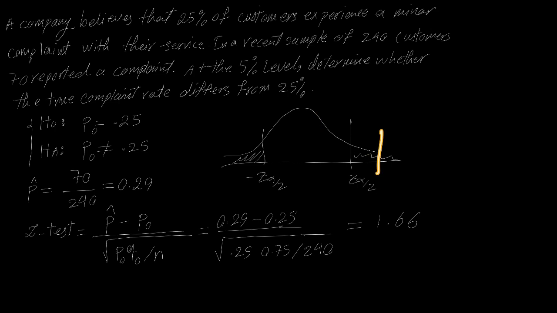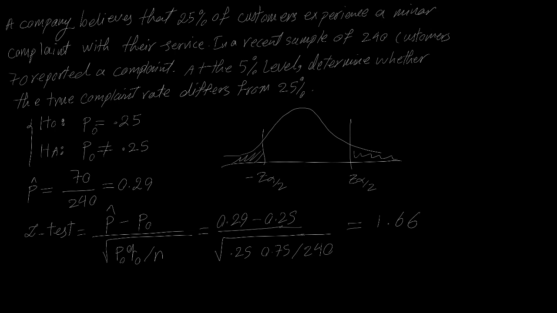If it's greater than Z of alpha half, then it's in the rejection area, so we need to reject the null hypothesis. And if it's less than Z of alpha half, then we cannot reject the null hypothesis. Or I need to compute the p-value.